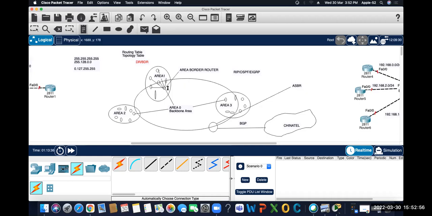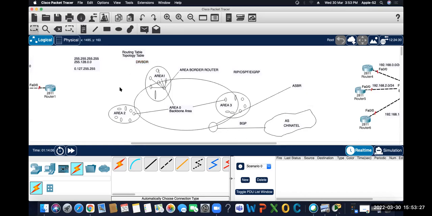Here I have also discussed what is the area border router. The role of the area border router is to summarize the information within an area and convey this information to area 0's router. In area 0, one router is known as the ASBR, Autonomous System Border Router, and that router is connected to a different autonomous system. What is an autonomous system?